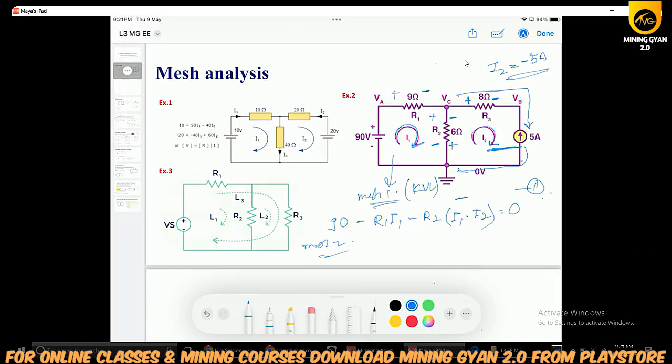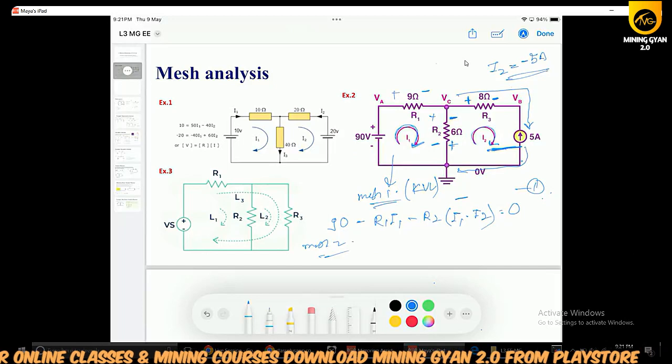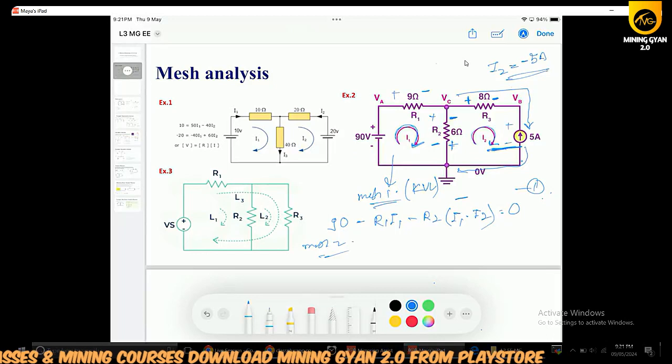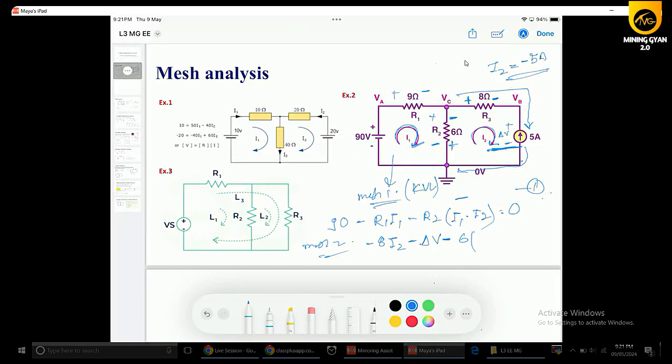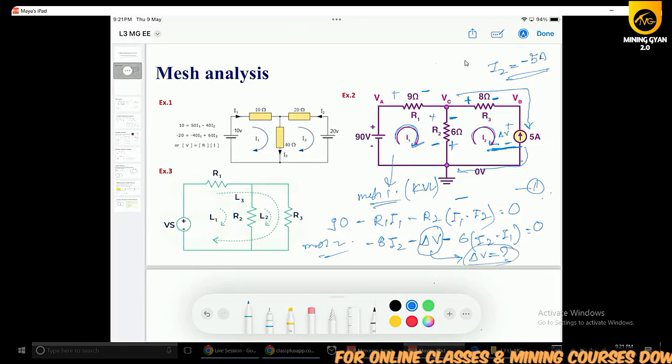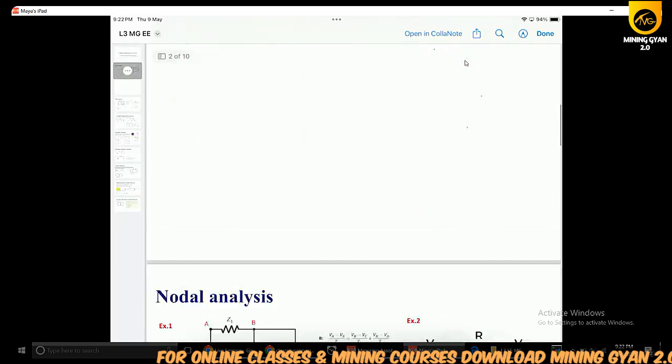But we can't write the complete equation, because there will be a potential drop across this element also, and let us say this voltage is delta V. Then the KVL equation will be minus 8 I2 minus delta V minus 6 (I2 minus I1) equals 0, but we have to find the value of delta V. It has to be given, otherwise we can't calculate delta V. So this is how we have to apply mesh analysis.